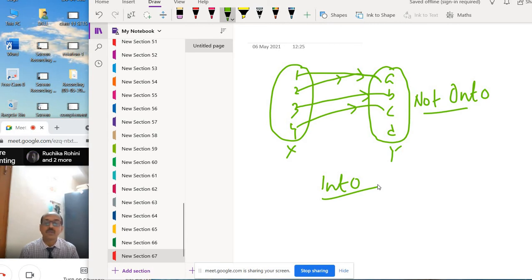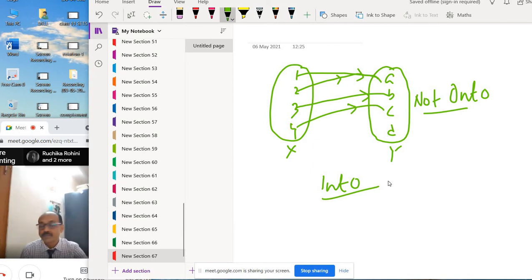So this is into. Which one? Not onto, that is into. So one element D has no pre-image. So this type of function is actually called into function. This is not onto. Okay?